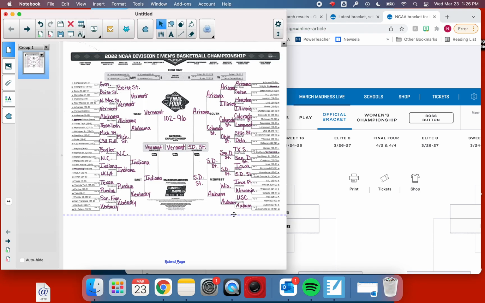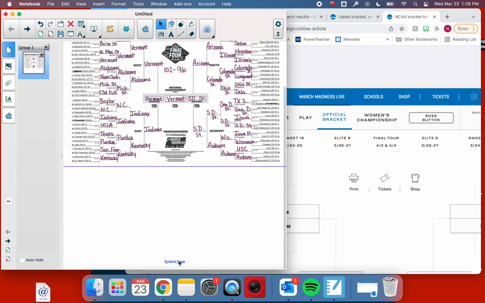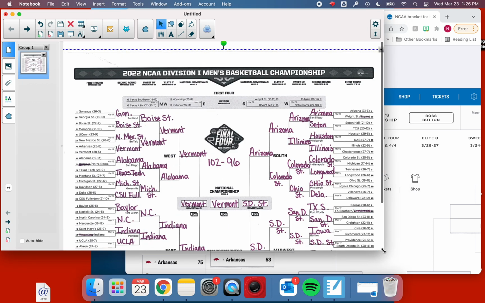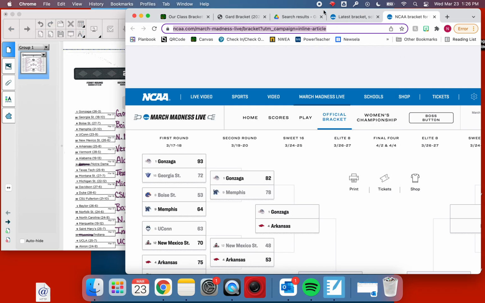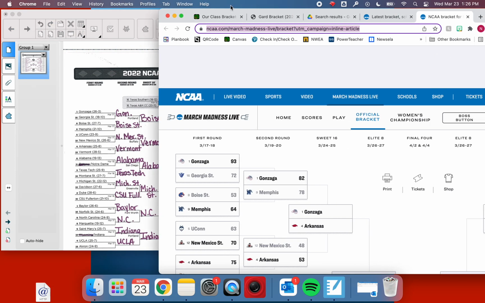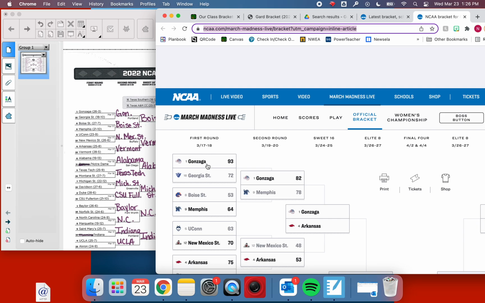So if I look on here, let me open this up again a little bit because I feel like it's really small. Okay, so if I look at our first round, just like up here, I've got Gonzaga at the top and then Georgia State second in this first round right here. This is where we're going to look. So if you notice that Gonzaga is in bold, that means Gonzaga won that game.